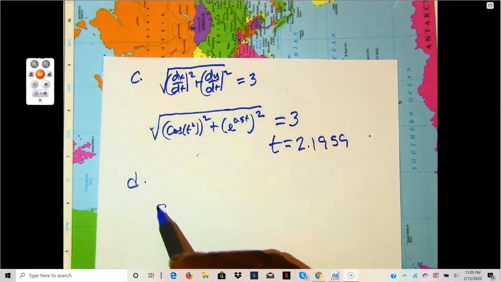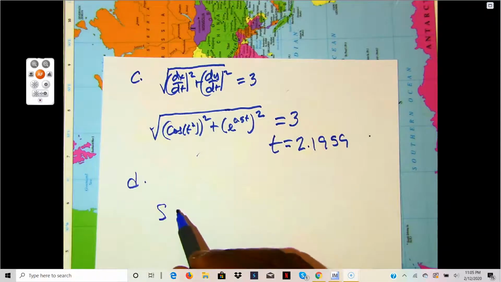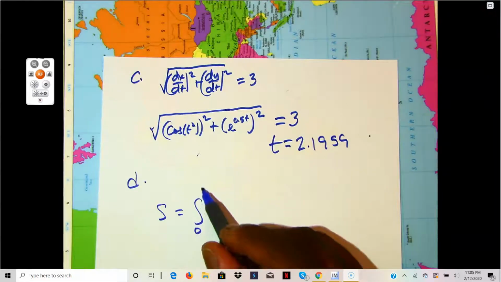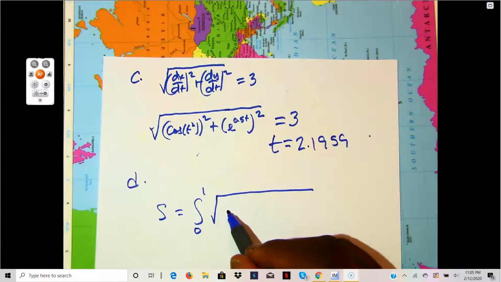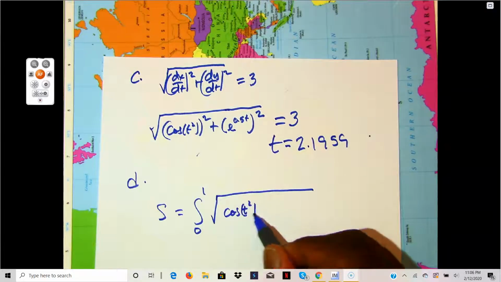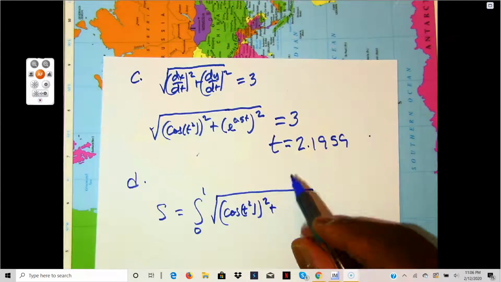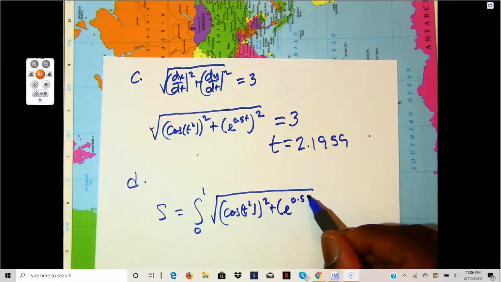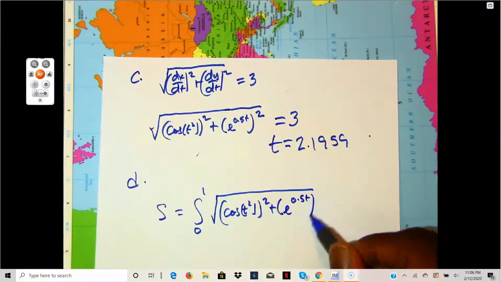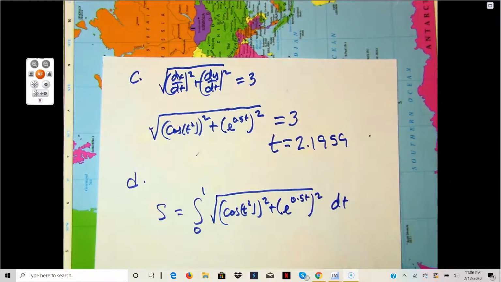So the total distance, length of our curve, s is equal to the integral from 0 to 1 of the square root of dx/dt squared, so it's cosine of t squared, plus dy/dt squared, e to the 0.5t squared, dt. Okay.